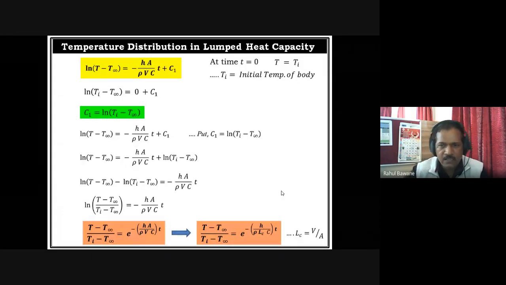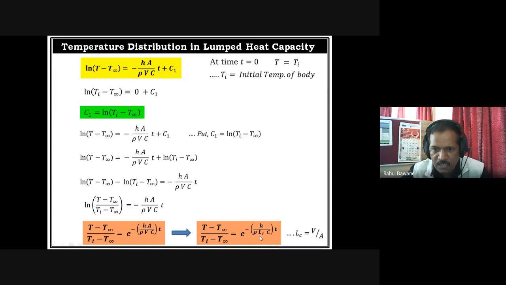In that situation, we don't calculate the length of the sphere, we calculate the characteristic length of the sphere. So characteristic length can be for any kind of object, any shape, any geometry. Just remember, characteristic length is equal to volume upon surface area.